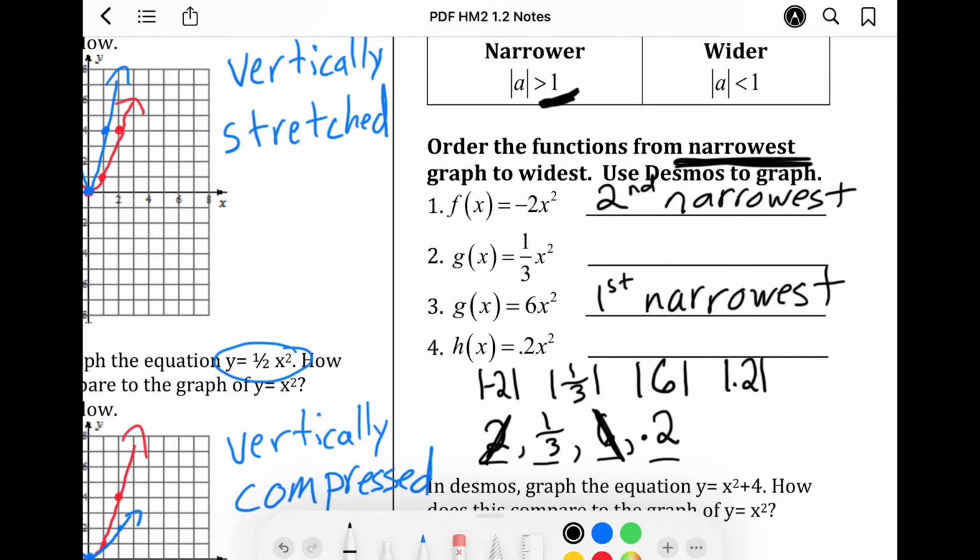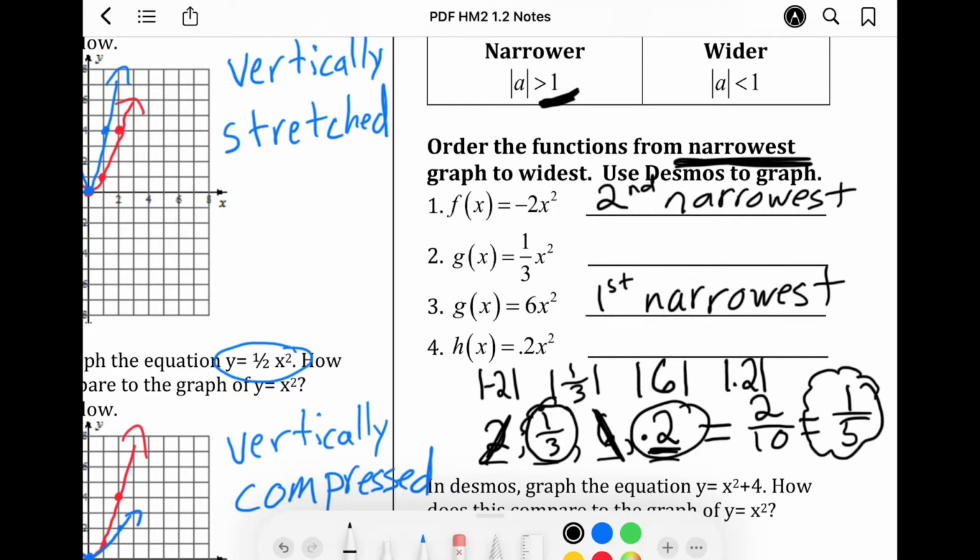So the next biggest one we have is in between 1/3 versus 0.2. So let's talk about this. 0.2. How else can we write 0.2? Write 2 over 10 because it's in the tenths place. Simplify this to 1/5.